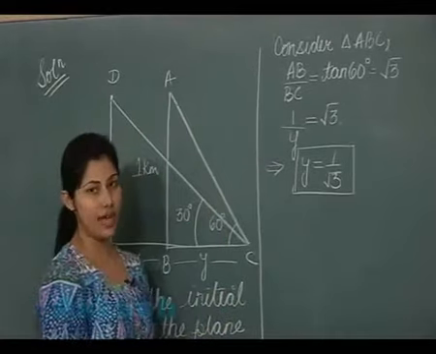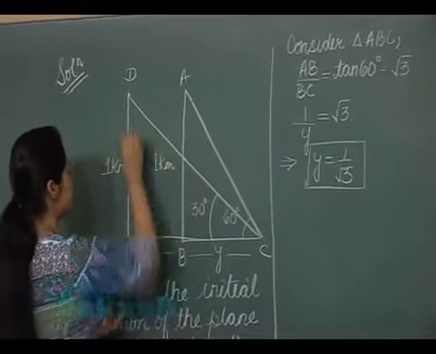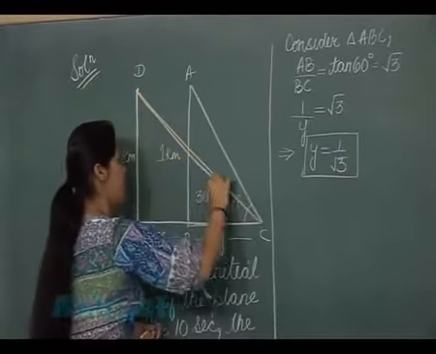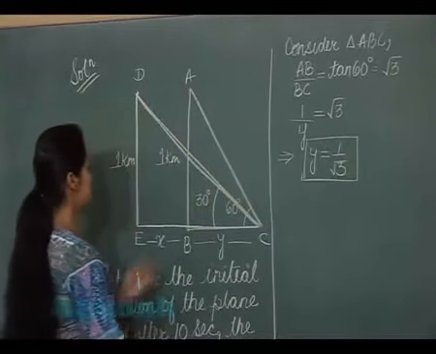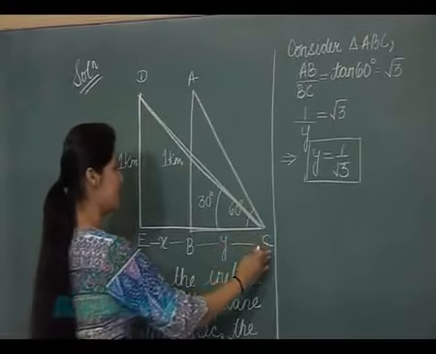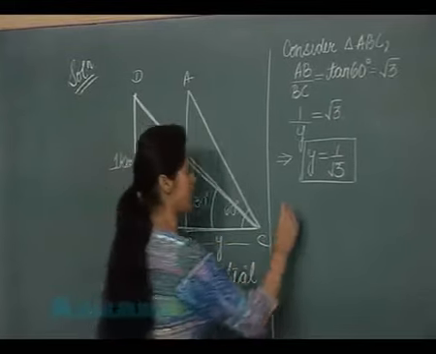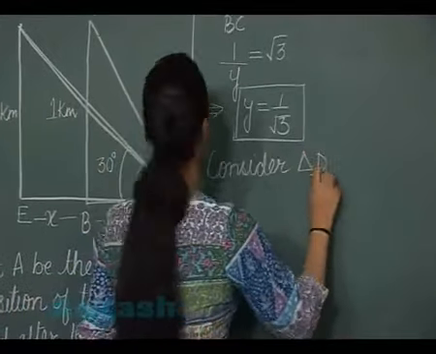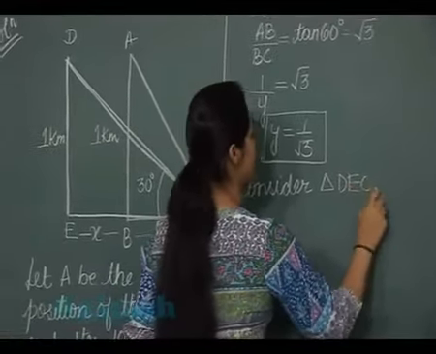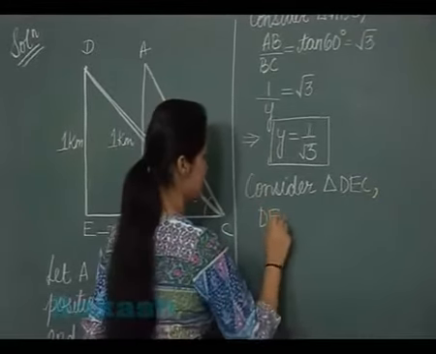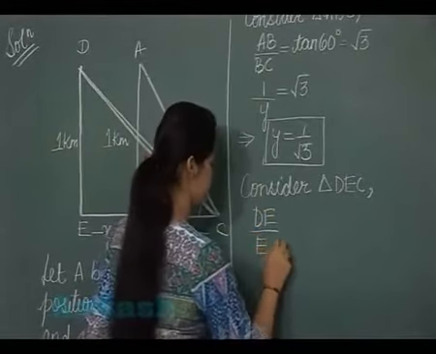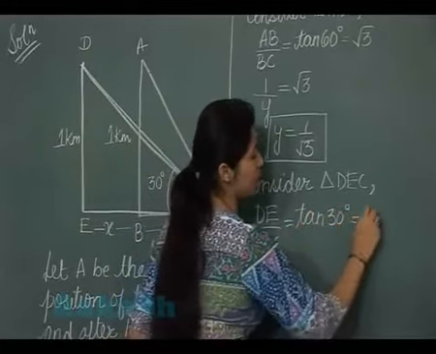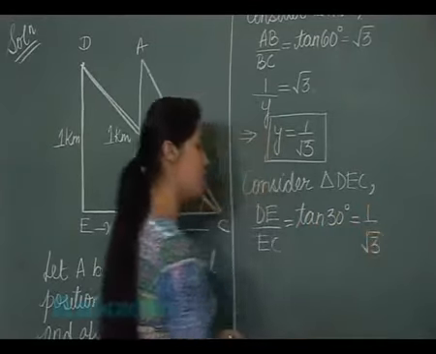Now we will find out the value of x also. Now we will consider this triangle DEC. In this triangle DE upon EC will be equal to tan 30 degree, and we know that tan 30 degree is 1 upon root 3.